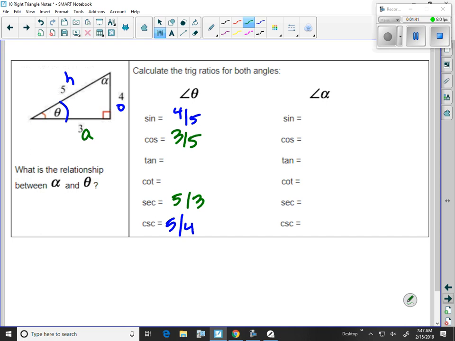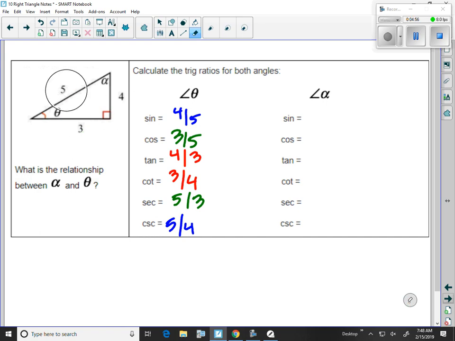And then last, our tangent is opposite over adjacent, so 4 over 3. If we flip that, we can get our cotangent, which is 3 over 4. I want you to go ahead and do alpha on your own. Go ahead and do that other angle on your own.